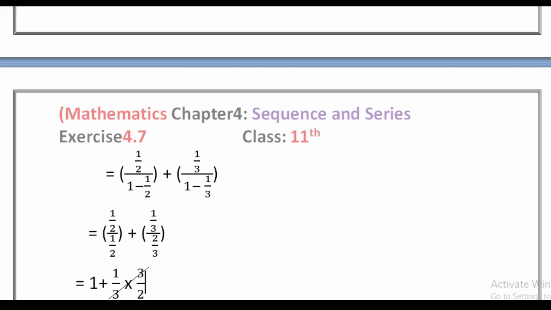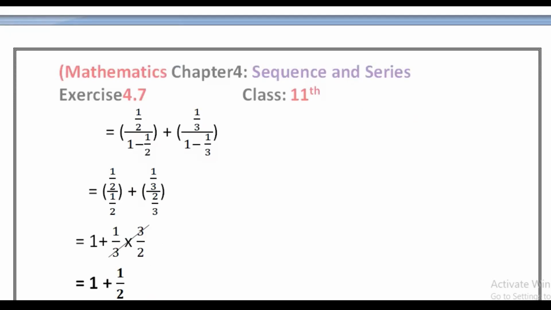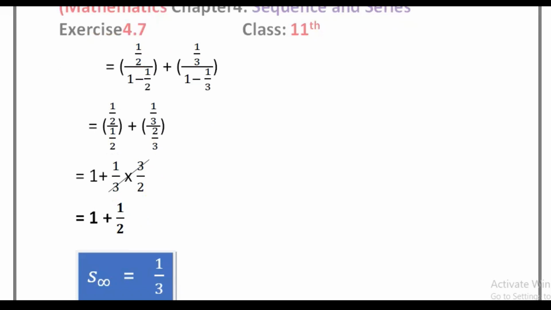So S infinite is equal to 1 plus 1 divided by 2. 1 plus 1 divided by 2 can also be written in the form of 3 divided by 2. So S infinite is equal to 3 divided by 2.